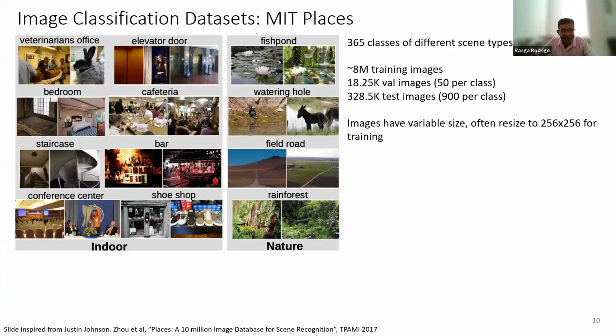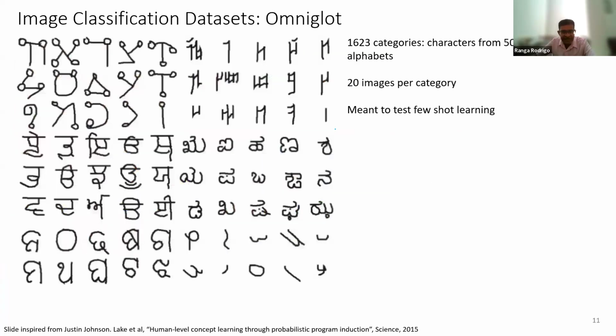Then MIT Places has 365 classes of different scene types, approximately 8 million training images, 18,000 validation images, 28,000 test images. Images have variable sizes, often resized to 256 by 256. And then there's the Omniglot dataset with 1,623 categories, classes from 50 different alphabets.